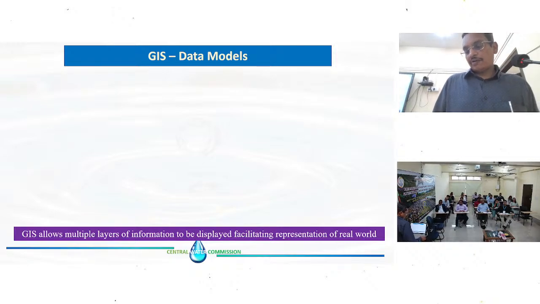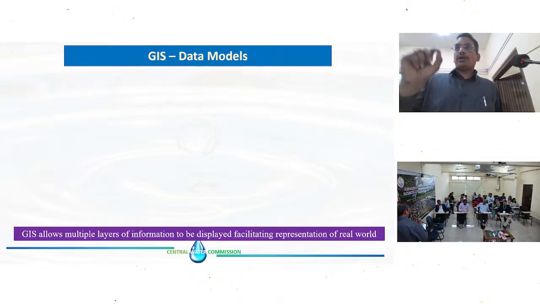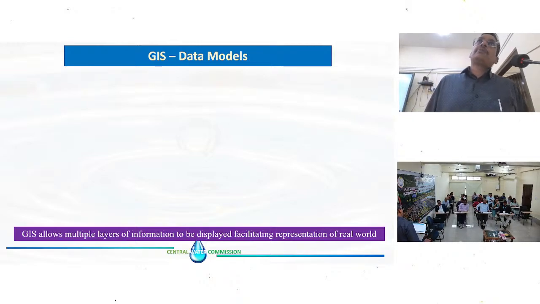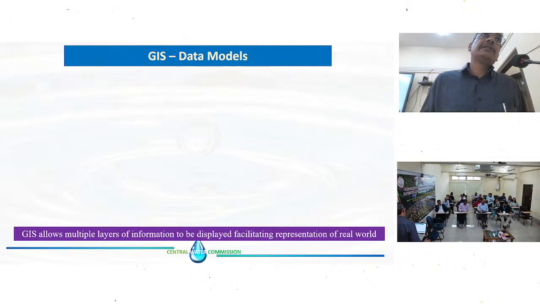No, I will tell. Actually, vector data is used to represent discontinuous or discrete data. Discrete data in the sense, say you are looking at a map of India, and cities, the capitals of all the states, are discrete points, right? Rivers are discrete lines.